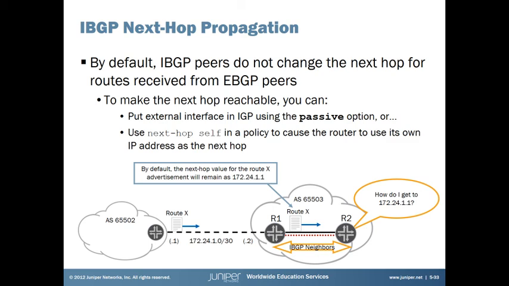Why doesn't R2 know how to get to that particular address? Why wouldn't it know? R2 doesn't know how to get to this BGP speaking router over here in AS65502. Why does it not know how to get to 172.24.1.1?